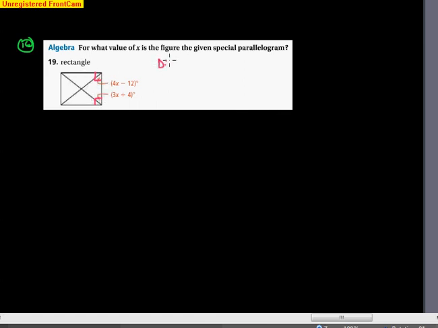Well, we know that the diagonals of a rectangle are congruent. And because it's a parallelogram, we know that the diagonals of a parallelogram bisect each other. So remember that idea that because they are congruent and bisected, all 4 are the same.